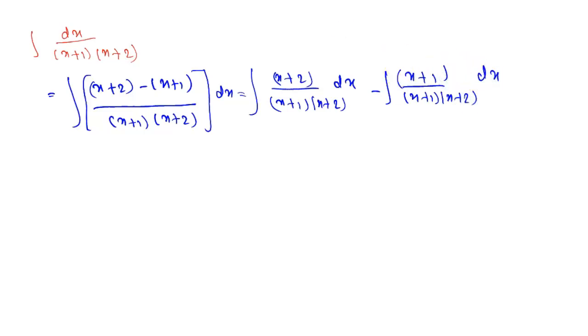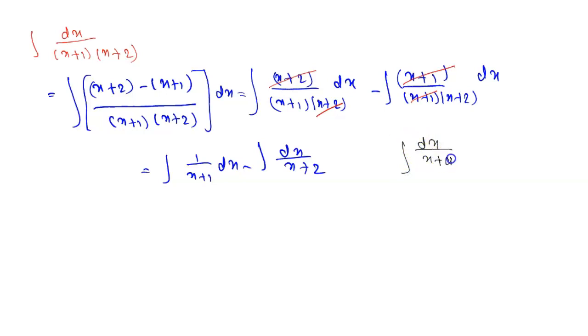So now here I can cancel the similar functions. x plus 2 cancels out, x plus 1 cancels out. So the leftover values are integral 1 by (x plus 1) dx minus integral dx by (x plus 2). Here we have the formula: integration of dx by (x plus a) is equal to log mod (x plus a).